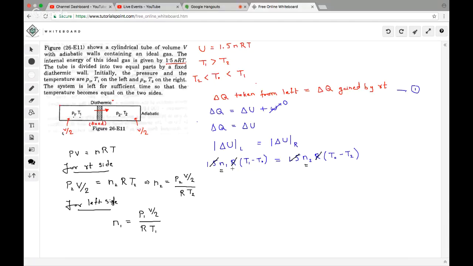If I substitute the value of N1 from here and the value of N2 from there and modify this equation, what I'll get is P1 into V by 2 divided by R T1, times T1 minus T0, equal to P2 into V by 2 divided by R T2, multiplied by T0 minus T2.